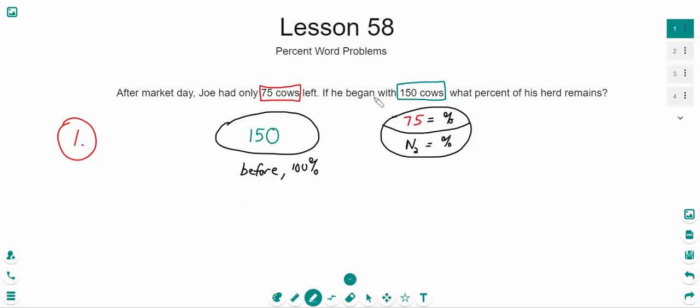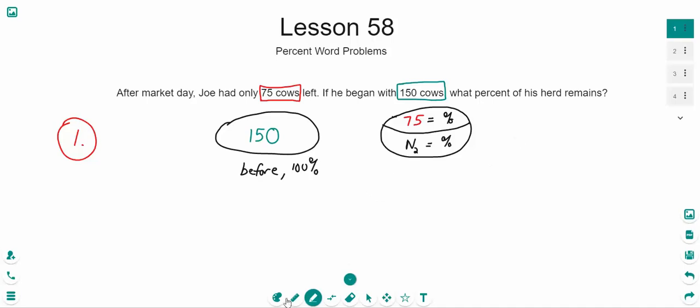So if we know that this second bubble still contains everything in the first bubble, we're just dividing it up into 2 parts, one part being the 75 part, that would mean that this other part of the circle, this N2, would have to represent the rest of the 150, right? Because this bubble, again, should contain the same amount as it had before. It's just we're dividing it into 2 groups.